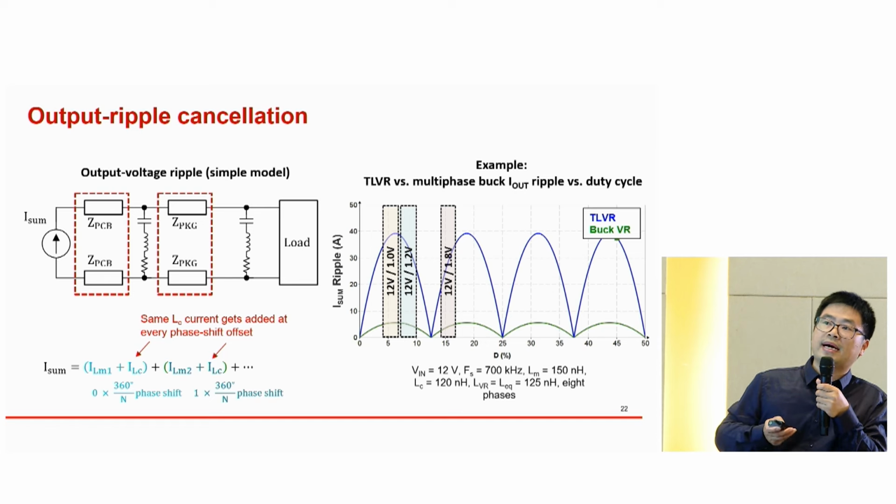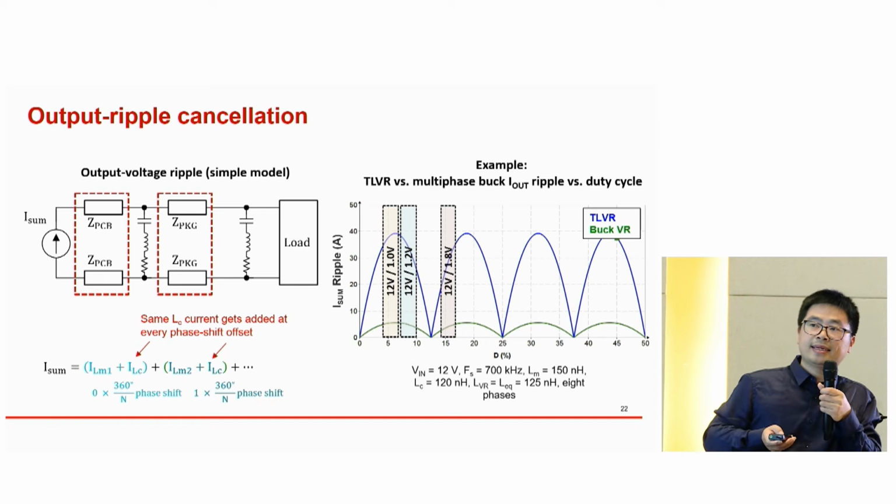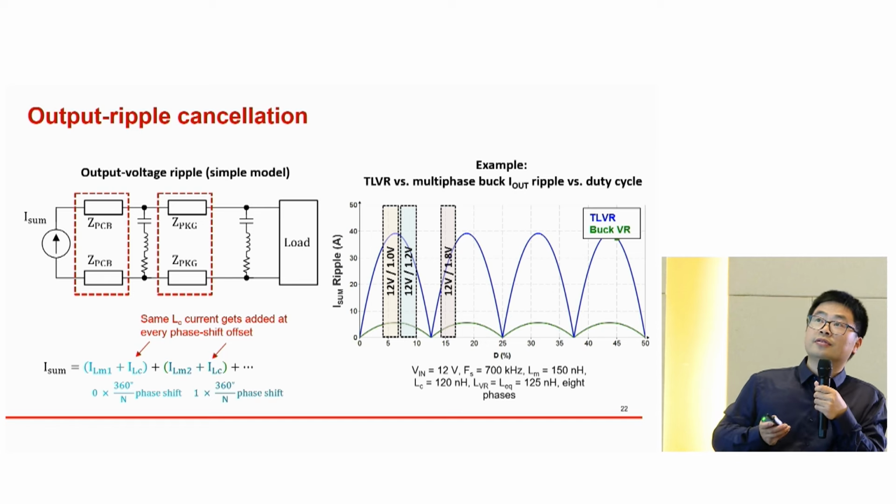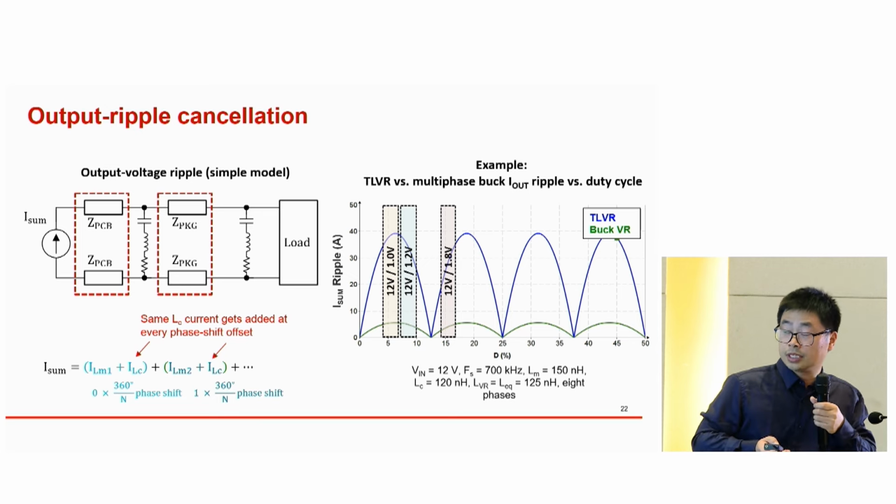But for multiphase buck, the magnetizing current can cancel. So what we can see here for 12 to 1, 12 to 1.2, and 12 to 1.8 is that the ripple for the TLVR is about 3 or 4 times that of the buck converter.